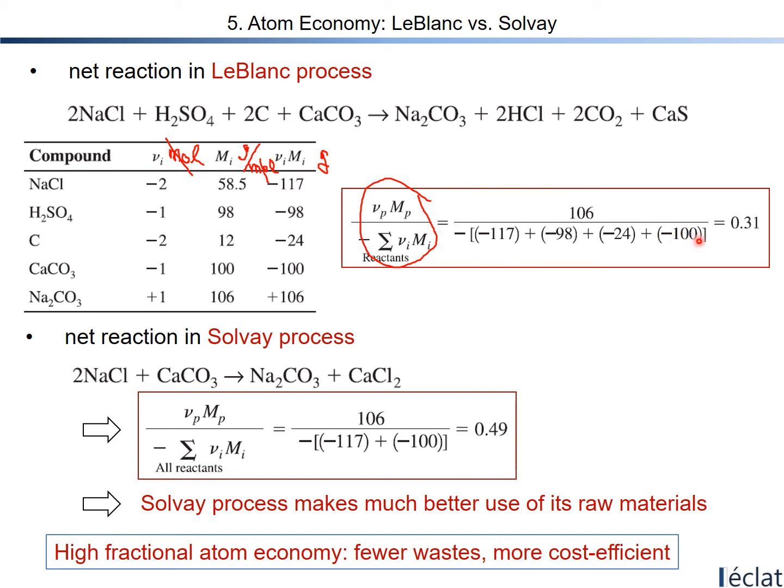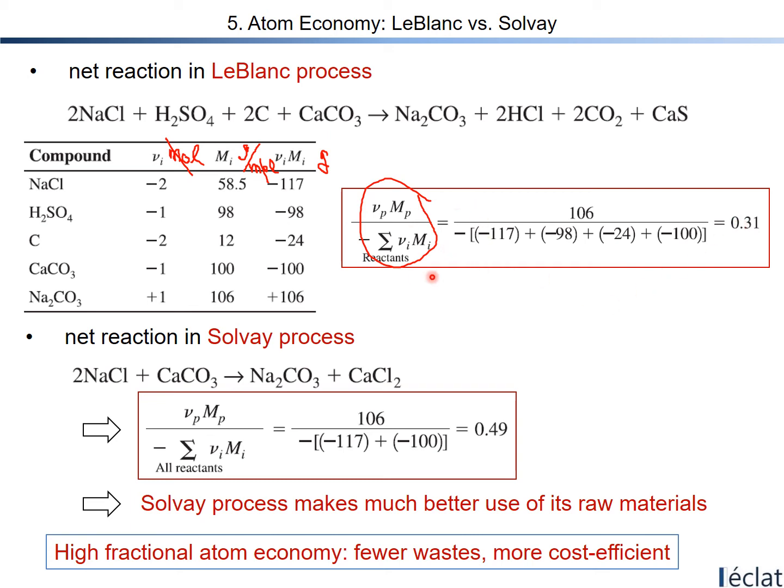You should also remove the minus sign, and then the resultant answer is 0.31. What does it mean? 31% of the mass of reactants is converted to the mass of product. Okay, so the higher the value, the better.